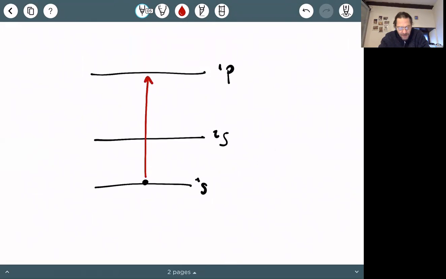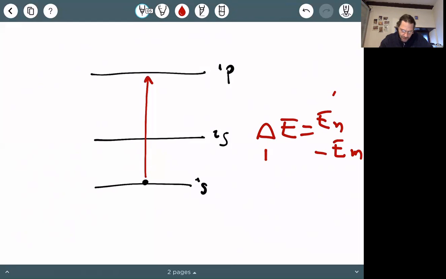Now, since only certain energies can be absorbed, only energy corresponding to differences between two energy levels can be absorbed.